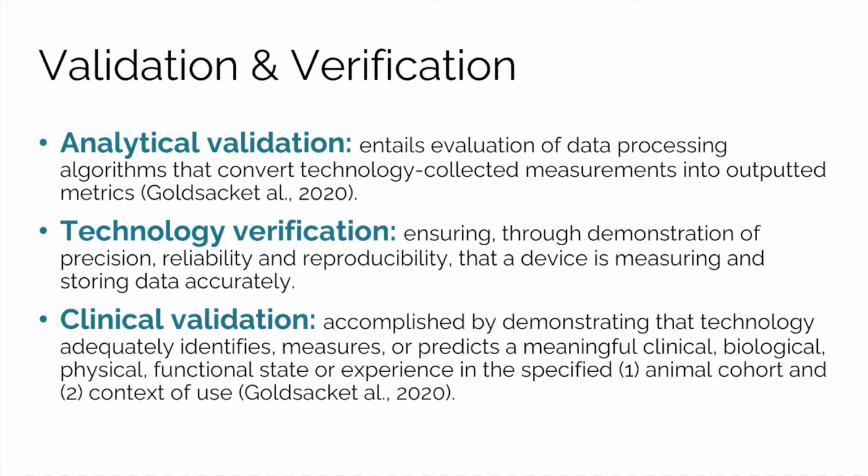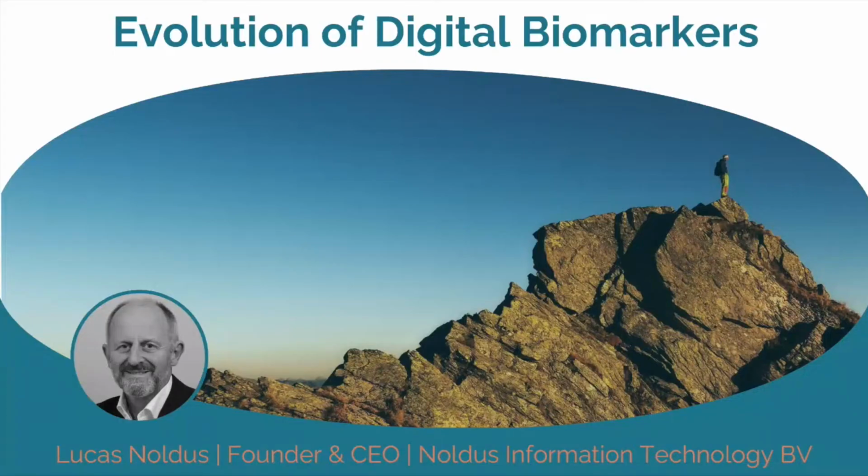And then we have the clinical validation, which is accomplished by demonstrating that the technology adequately identifies, measures, or predicts a meaningful clinical, biological, physical, functional state or experience in a specified animal cohort and context of use. Here we're demonstrating that this is appropriate for us to utilize for our studies, and that the information it's providing can later be translated into clinics.